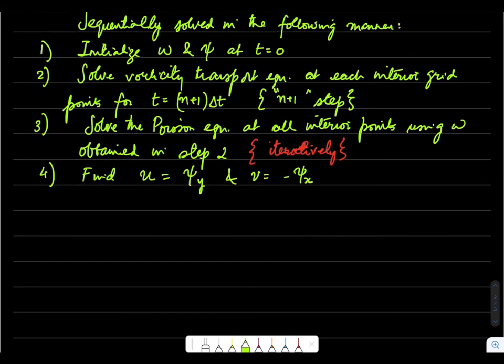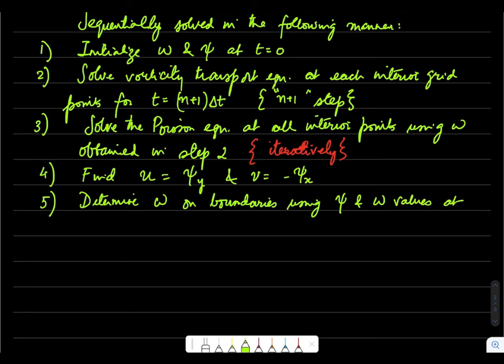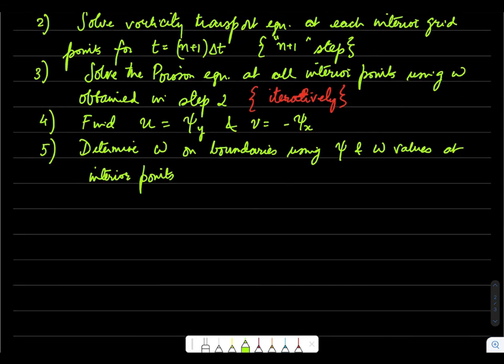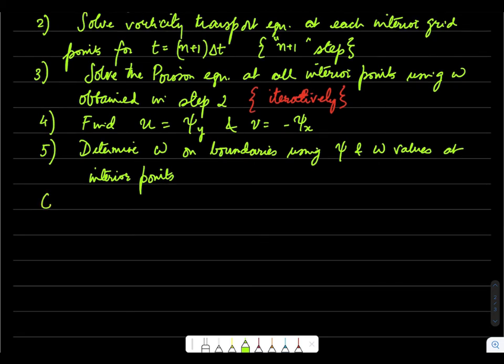Now using these u and v's, we can now determine the omega on boundaries using psi and omega values at interior points. So I'll discuss how we follow this step 5 in a later section. Then, if you're solving for a steady state problem, we can check for convergence.